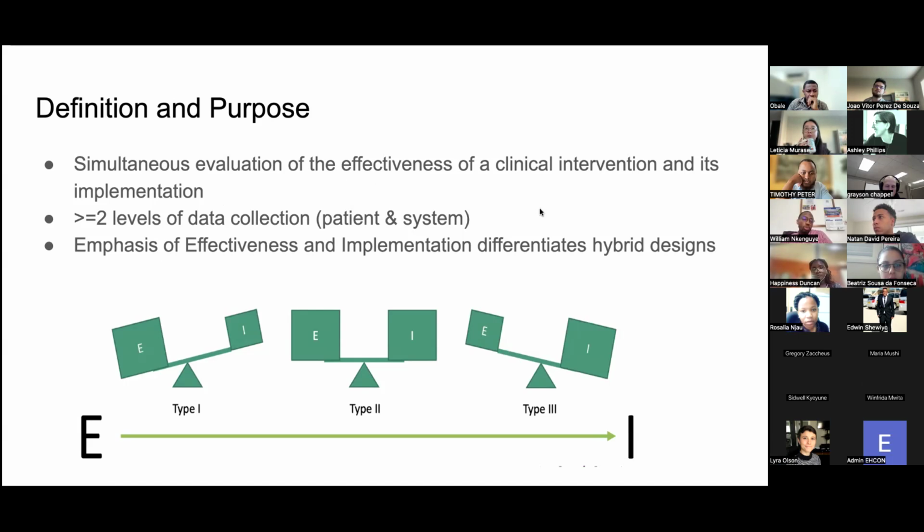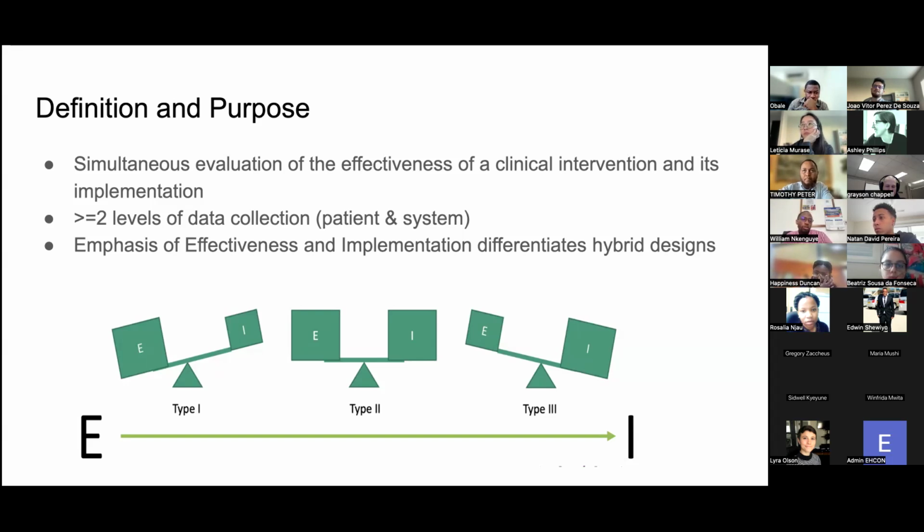Like, this works, and how can it be implemented? This works, and what is the best strategy for us to implement it? And what are the outcomes of the implementation? So they have mainly two levels of data collection, where you're looking at patient outcomes and system outcomes. I will show you this in a few slides when we look at the examples.